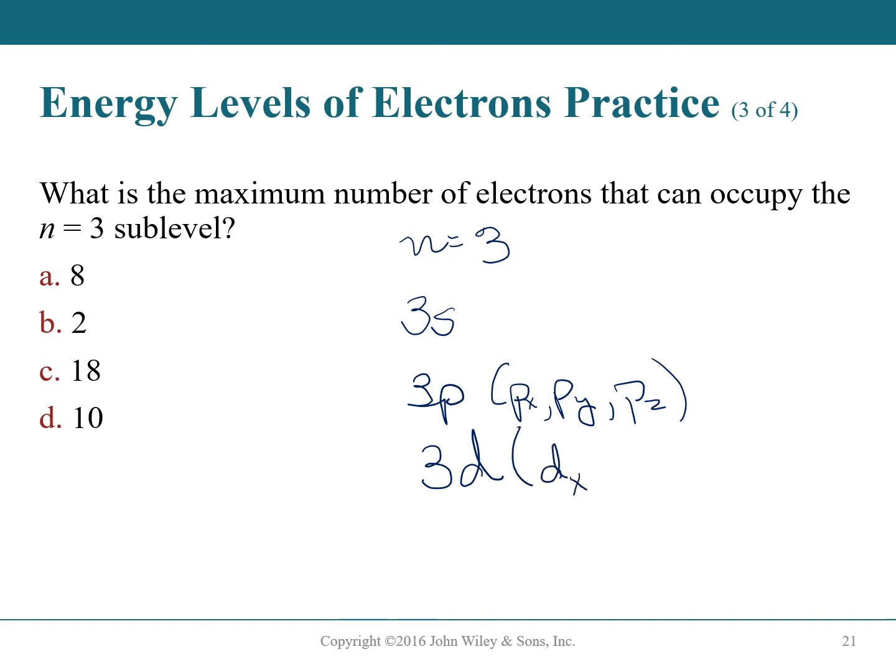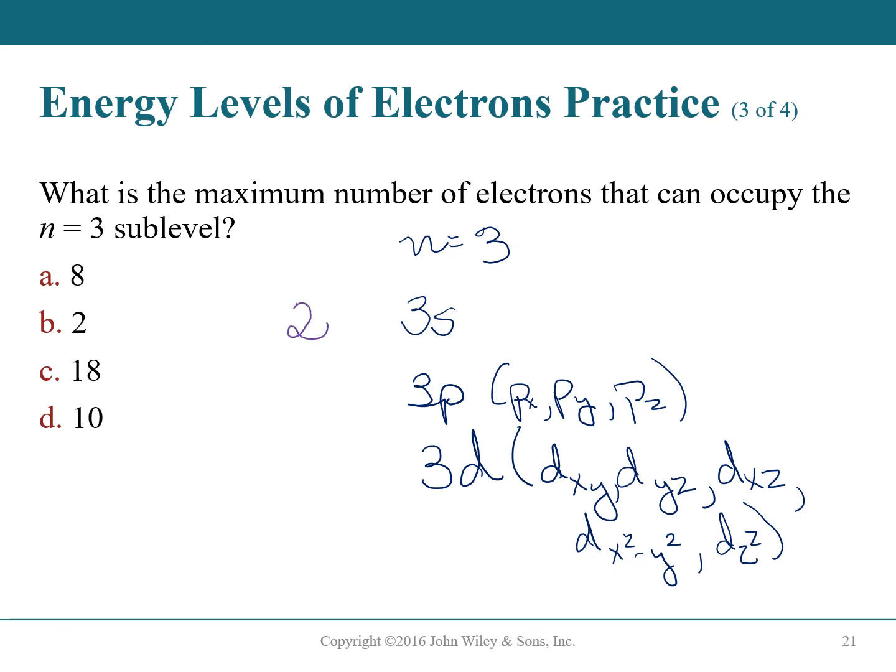That's dxy, dyz, dxz, dx squared minus y squared, and dz squared. Each of these can hold 2 electrons. So S holds a maximum of 2, P holds 2, 4, 6, and D holds 2, 4, 6, 8, 10. So the maximum number of electrons that can go into the shell n equals 3 is 18.